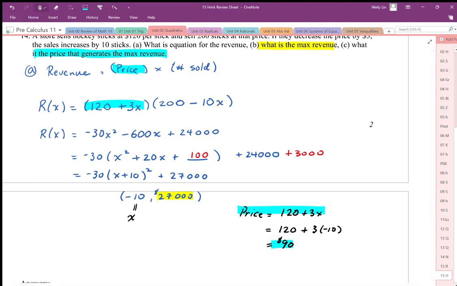If you want, you can calculate the number sold as well based on this part of the equation. So if x is -10, then the number sold works out to be 300 sticks, and that's consistent with what we figured out. $90 at 300 sticks gives us a revenue of $27,000.